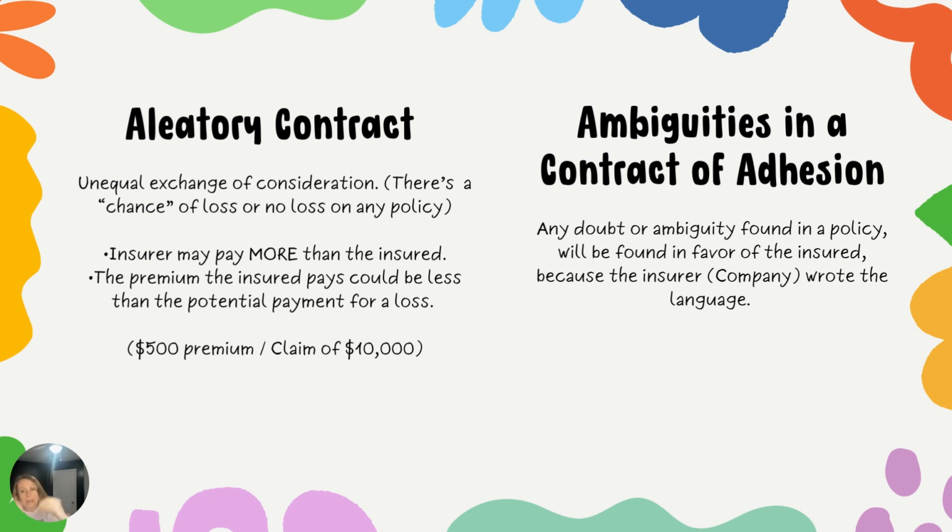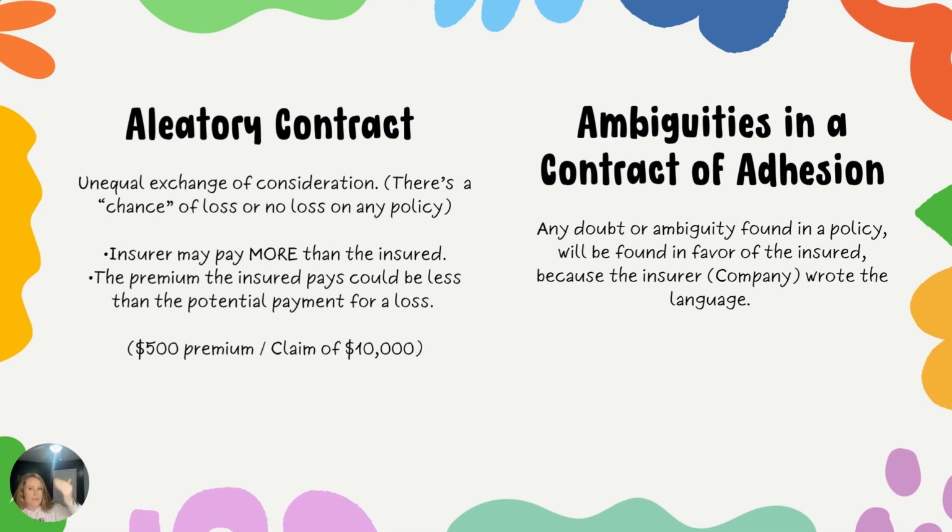So unequal exchange of consideration, there's a chance of loss or no loss on any policy, right? We don't know what's going to happen in a contract, right? The insured could pay a $500 premium every month and never have a claim, or it could go the other way. They could pay a $100 premium every month, but the insurance company can end up paying thousands of dollars in claims, right?